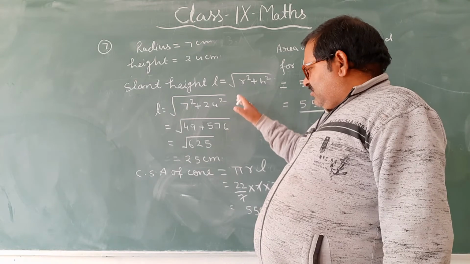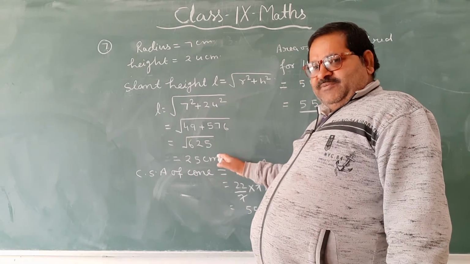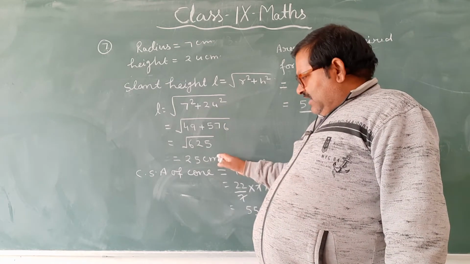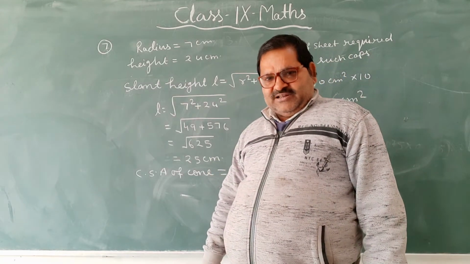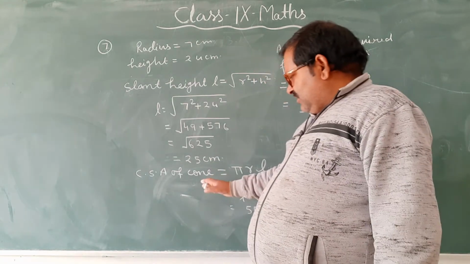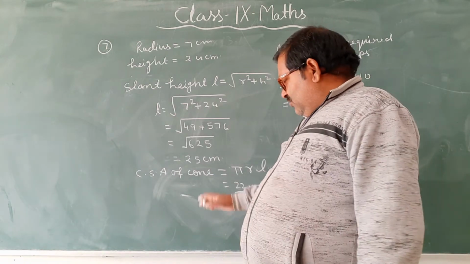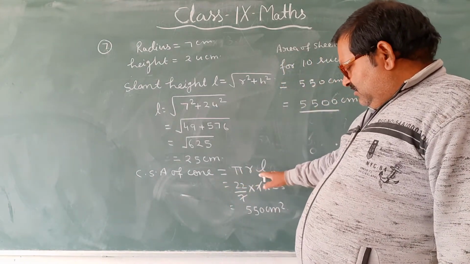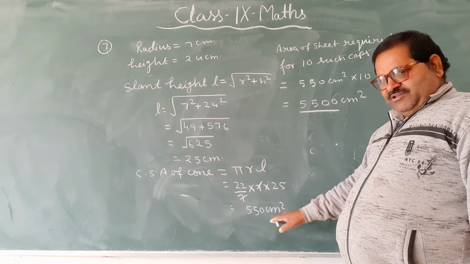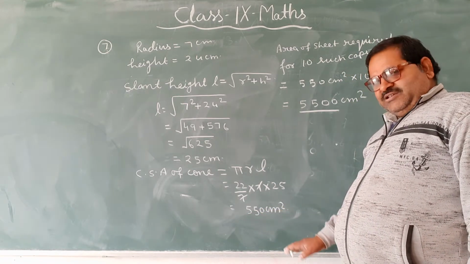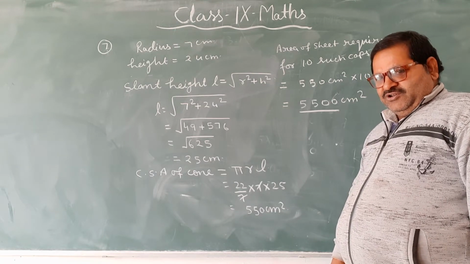The slant height of the cap is 25 centimeter, and then find the curved surface area of the cap or cone, pi r L, that is equal to 550 centimeter square if the radius is 7 centimeter.